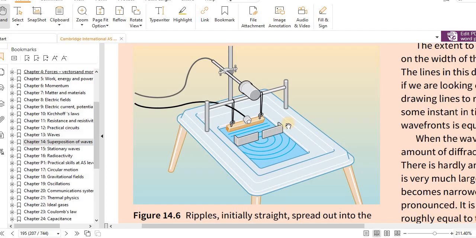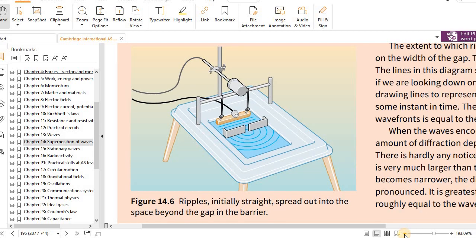Now here we have a barrier and there is a gap or aperture here. So this gap is approximately equal to the wavelength of these waves. Therefore you will have prominent diffraction. The waves are diffracted at this gap.